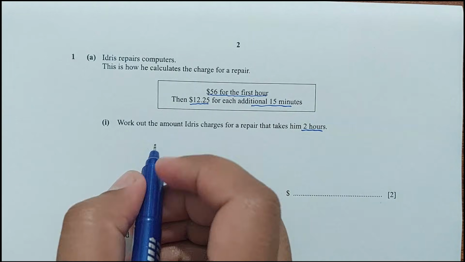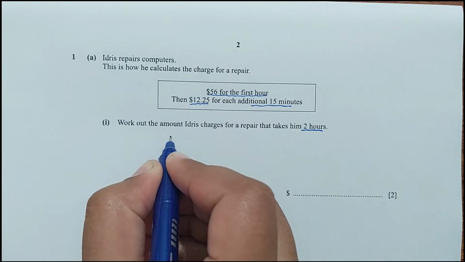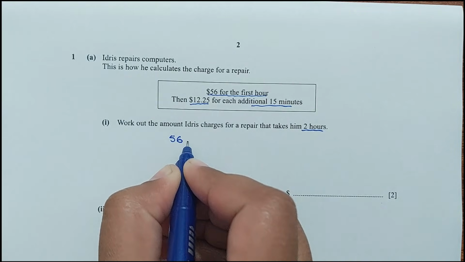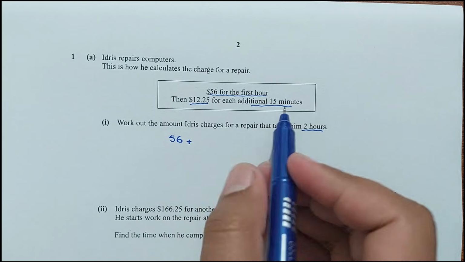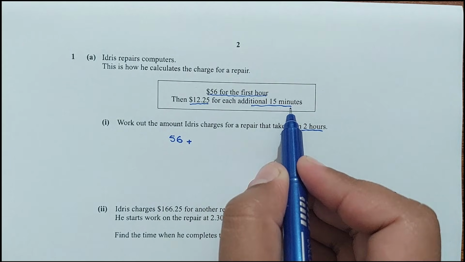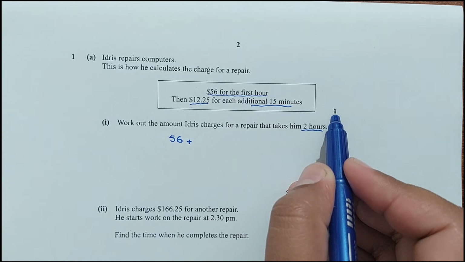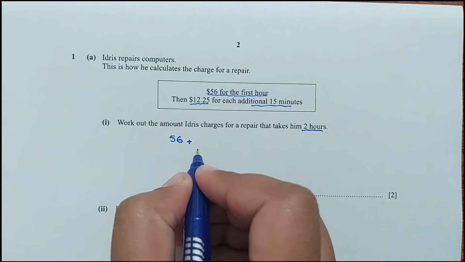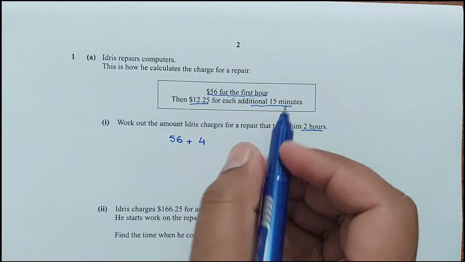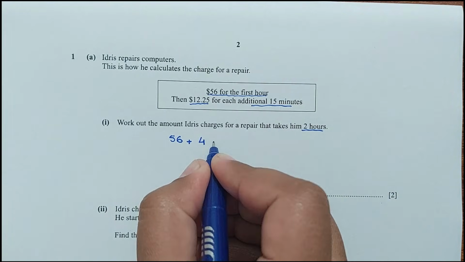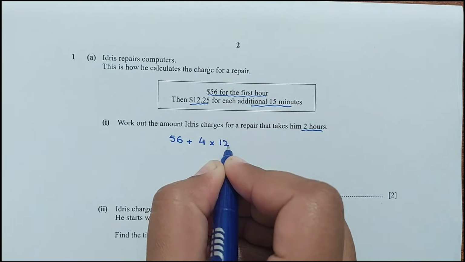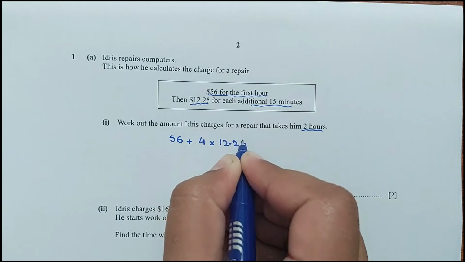So 2 hours means the first hour is $56, and for the second hour we have 15 plus 15 is 30 minutes, plus 15 is 45 minutes, and plus 15 is 60 minutes. So there are 4 lots of 15 minutes, so 4 times 12.25.